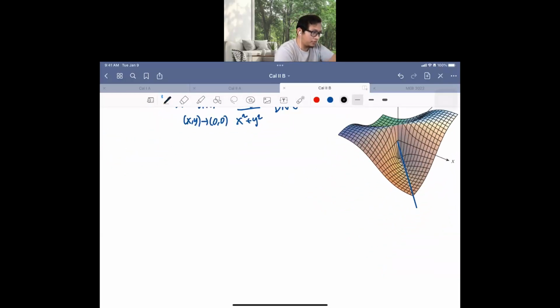Now let me go through another different function. Still approaching 0, 0.